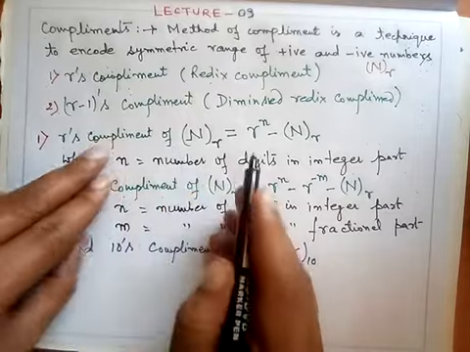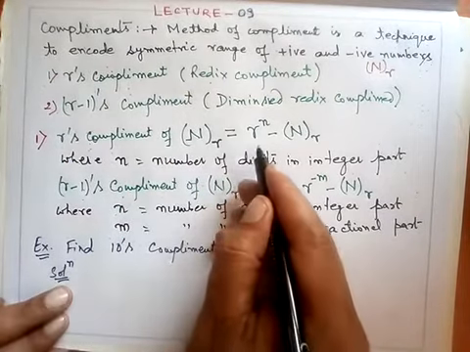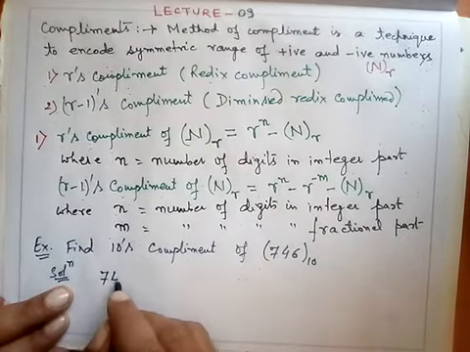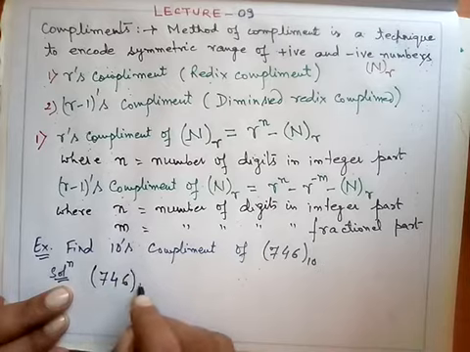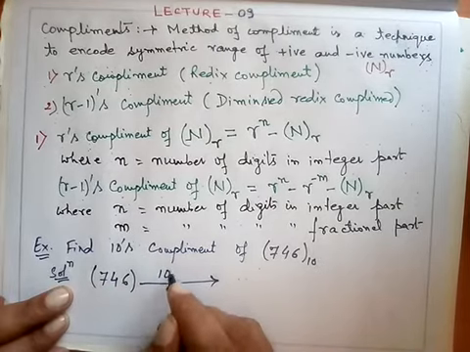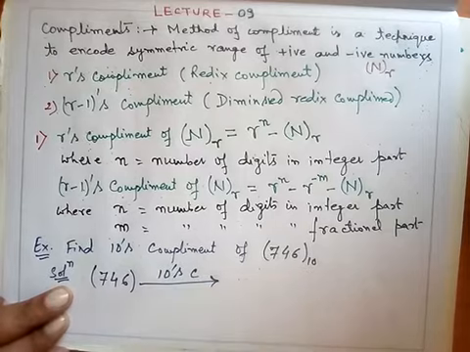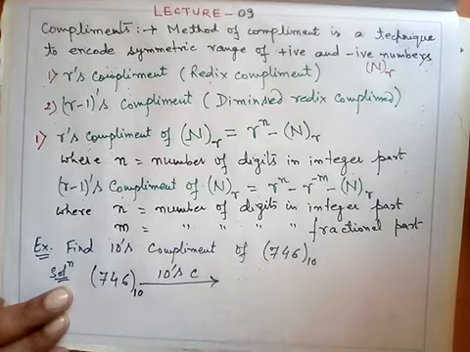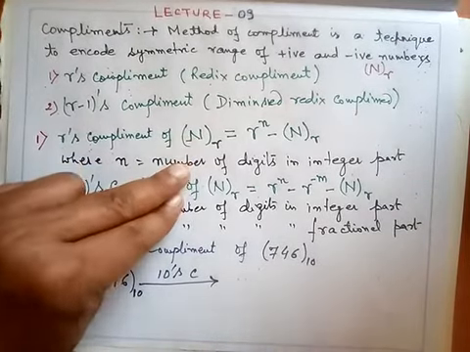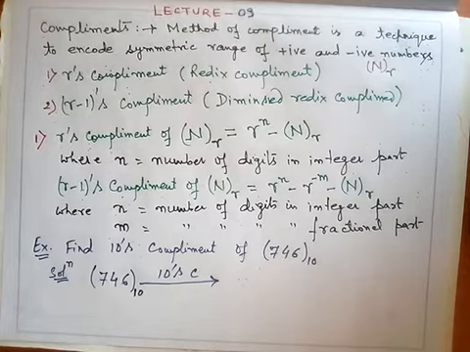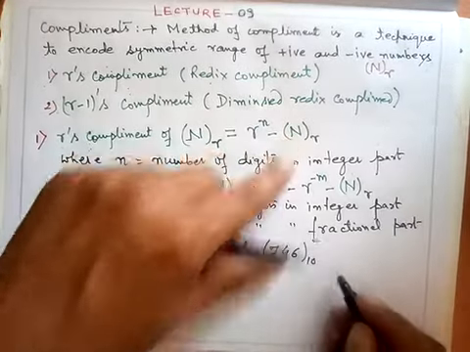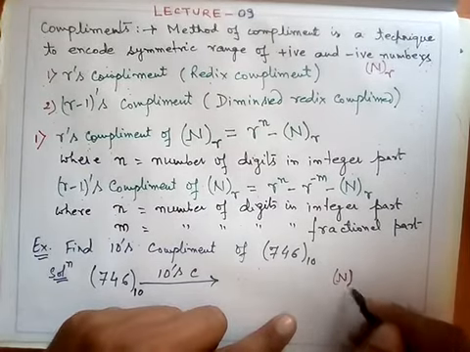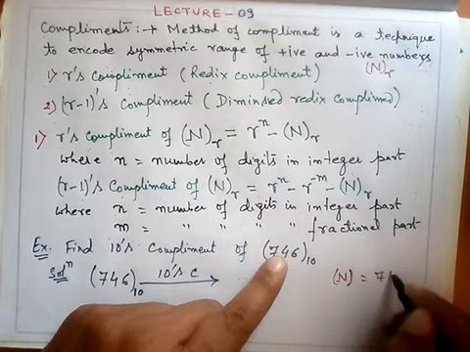I am interested in the tens complement, which is the r's complement, and the r's complement is r to the power n minus the number. The number is 746, with base 10. I am writing here tens C, which means tens complement. In this problem the number is 746, which is given to me.